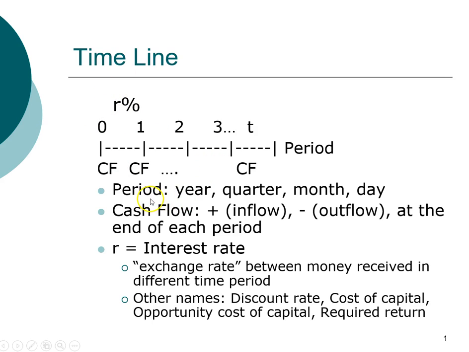One thing that we want to talk about in doing time value of money is the period, which is very, very important. Period is just the frequency. Your cash flow can occur on an annual basis, so those will be your annual cash flows. Think about a tax refund. You get a tax refund every April 15, so that happens only once a year.